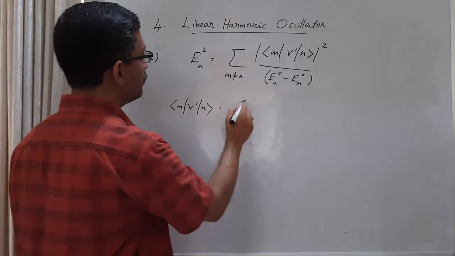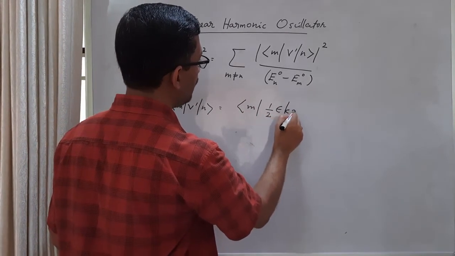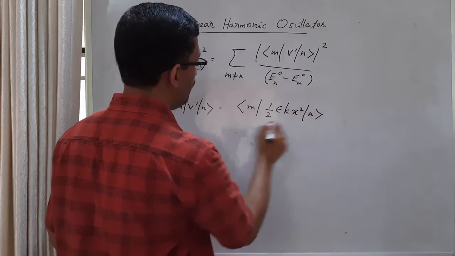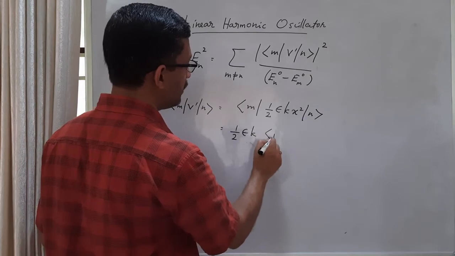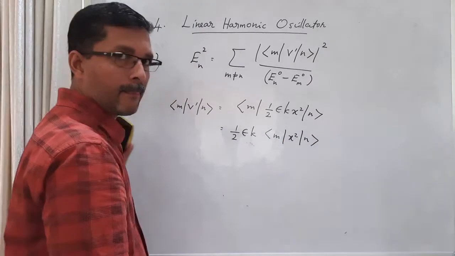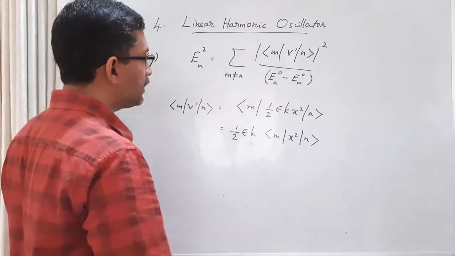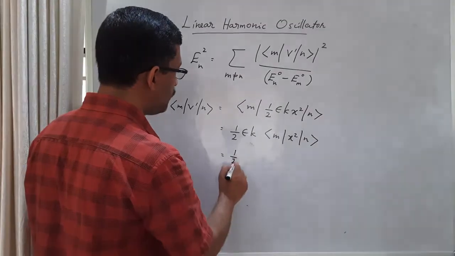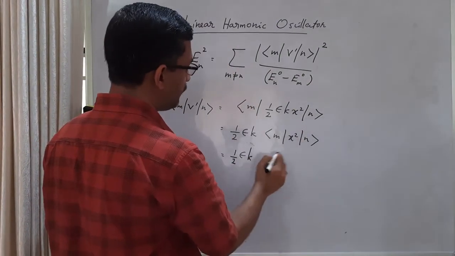That's equal to <m|, what is V prime? Half epsilon k x square |n>. So half epsilon k I can take outside, <m|x square|n>, right? Then half epsilon k into, what is that x square?